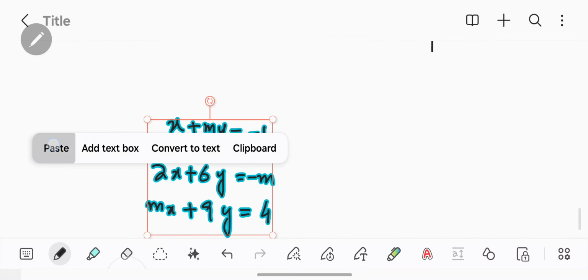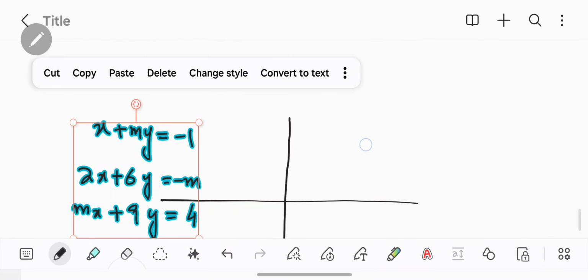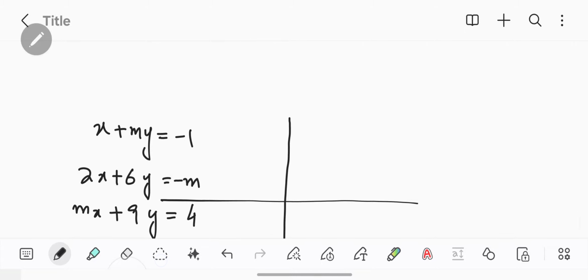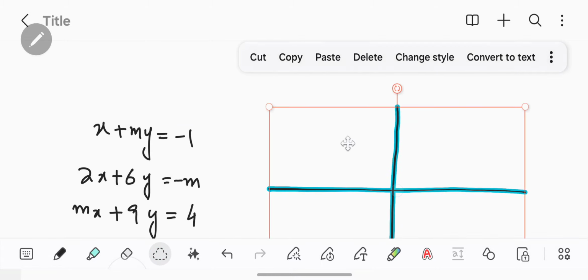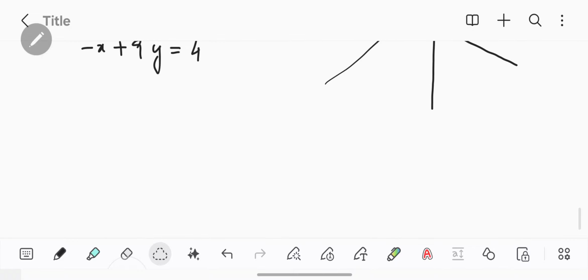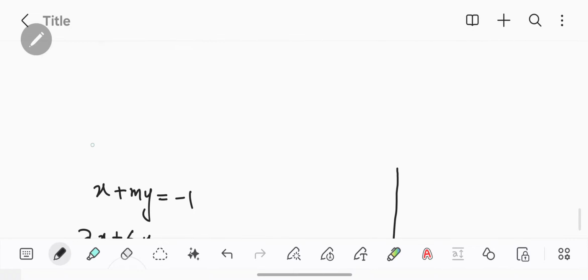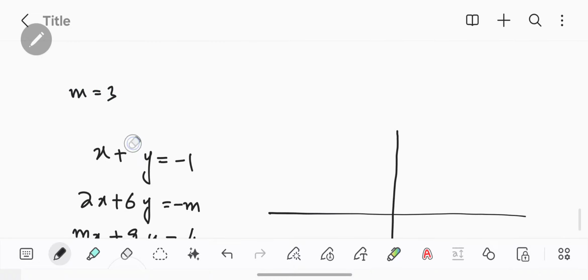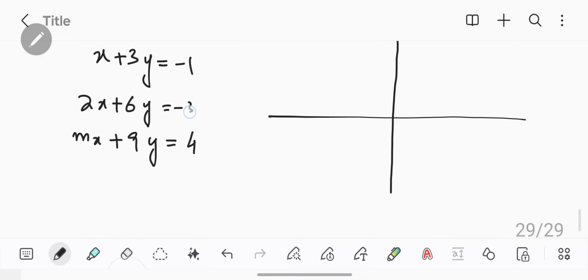We have a third case also. What's the third case? The third case is if m is equal to 3, which we have considered previously at the very start of this video. So what will happen if m is equal to 3? I'll put here 3, and here also I will put 3, and here I will also put 3.